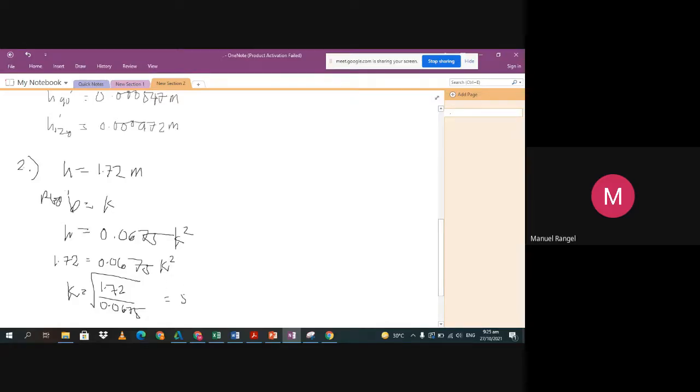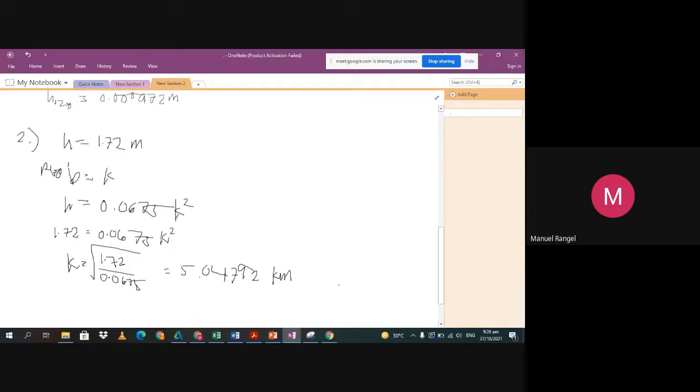So that is 5.0472. So that is balik in kilometers, no?